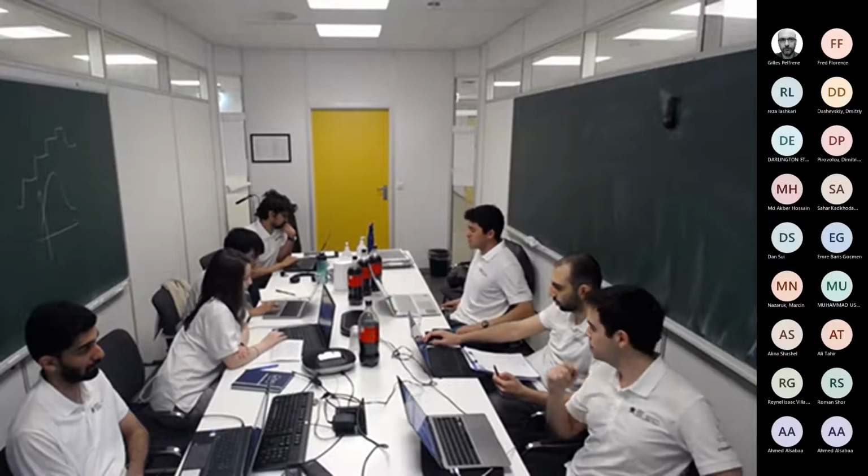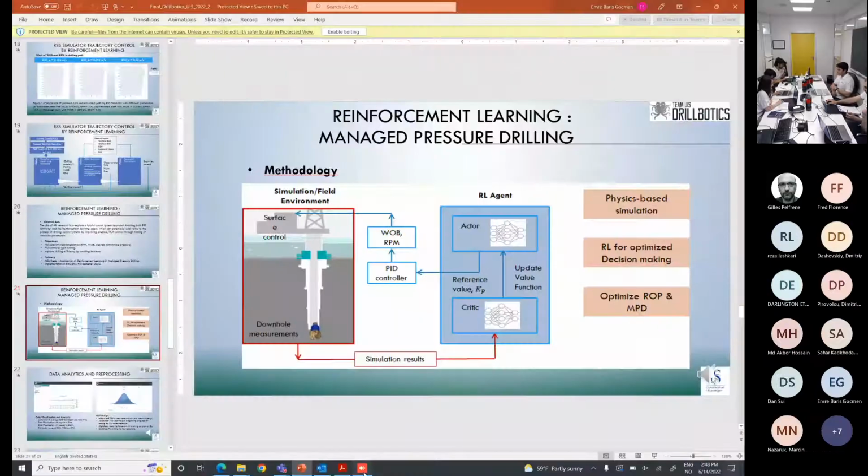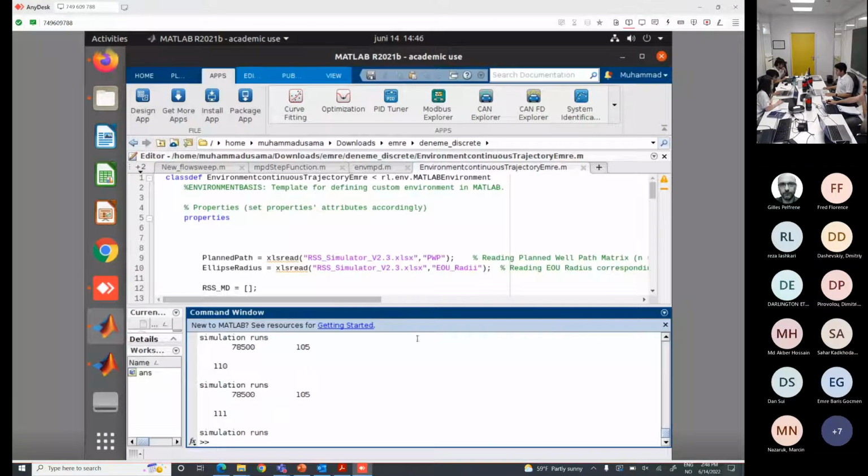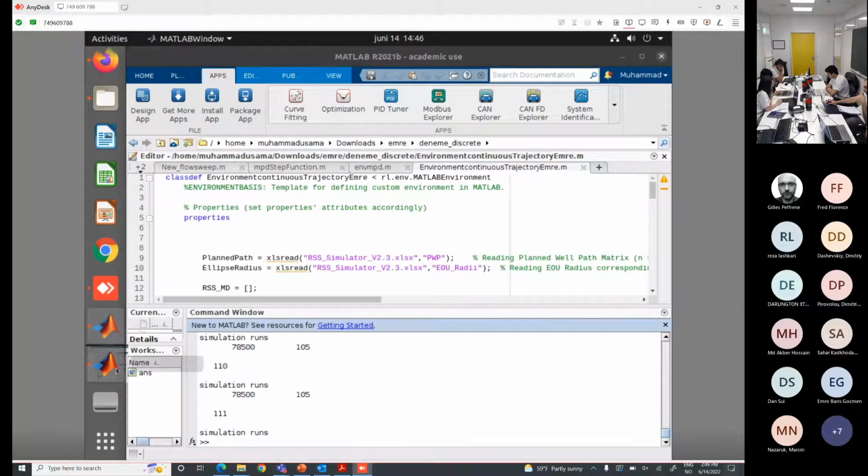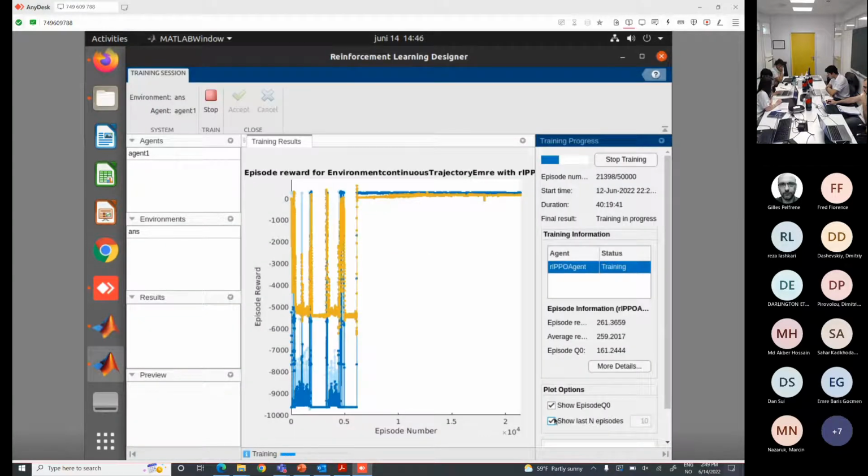Maybe I can show it better when I share my screen. For example, this is the background of the simulator. It is picking a weight on bit and RPM values during the simulation, during the trajectory, and it is repeating the episodes. So it is changing and finding the best rewards, and the rewards are oscillating because there is noise.